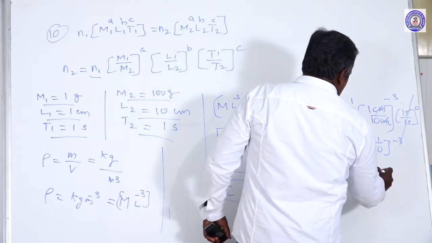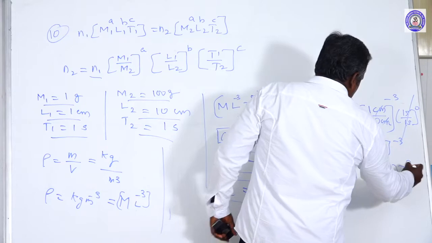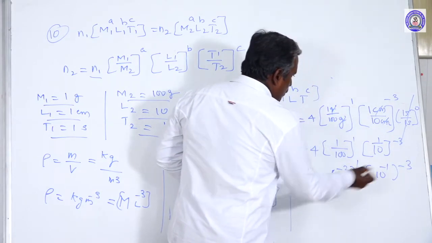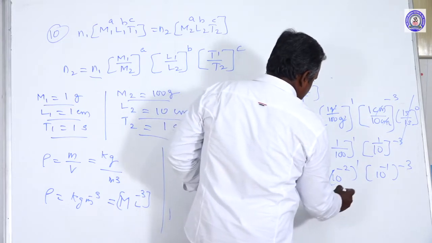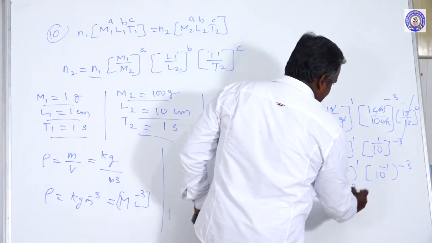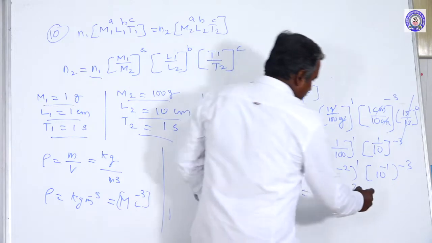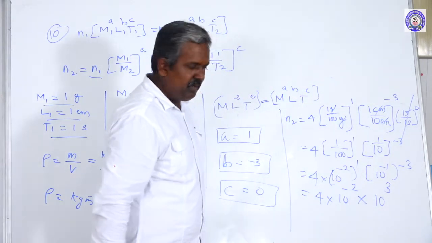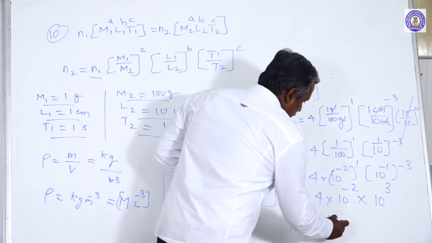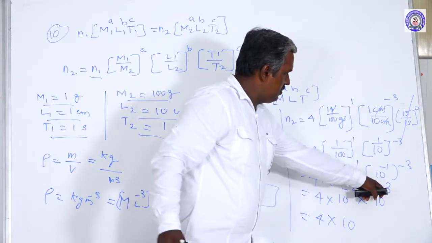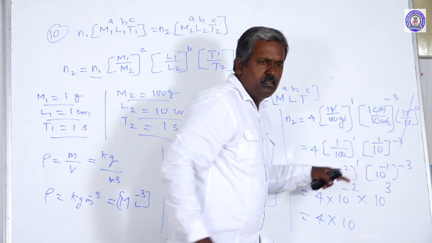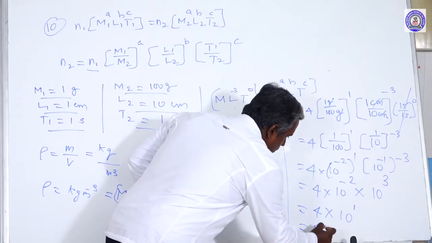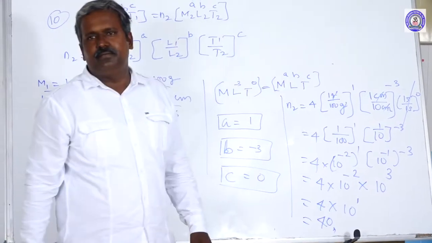Into 10 power plus 3. Clear? Now 4 into 10 power 1. That's all. So it is equal to 4 into 10, that is 40.